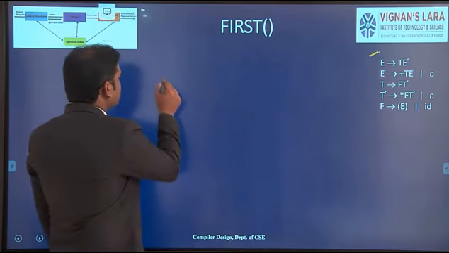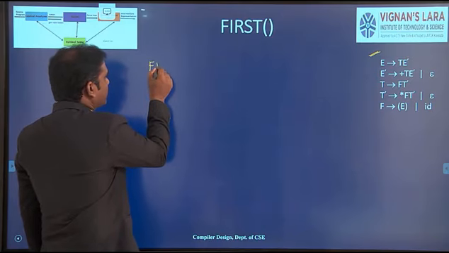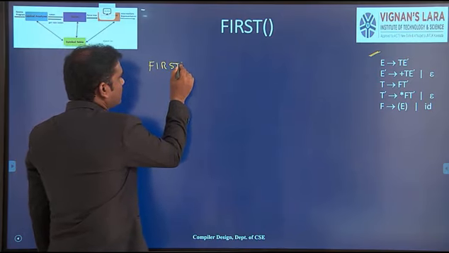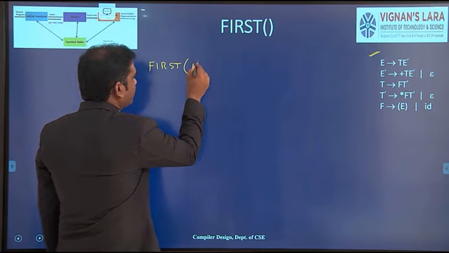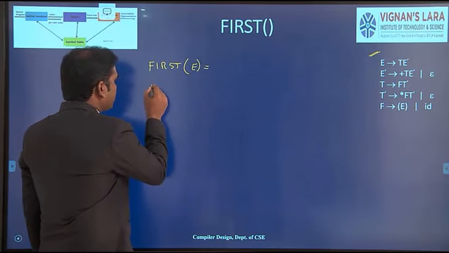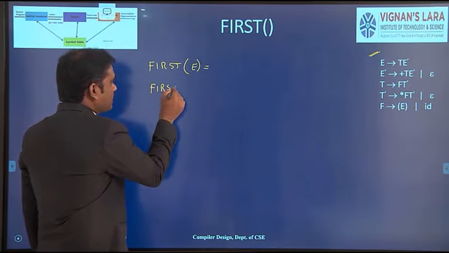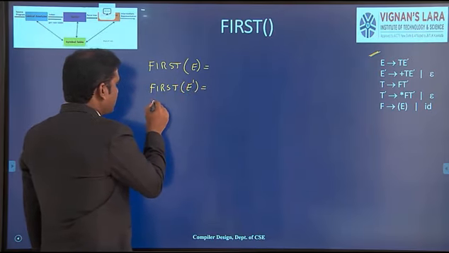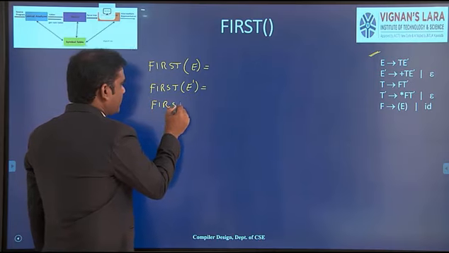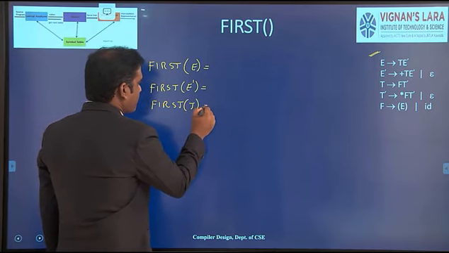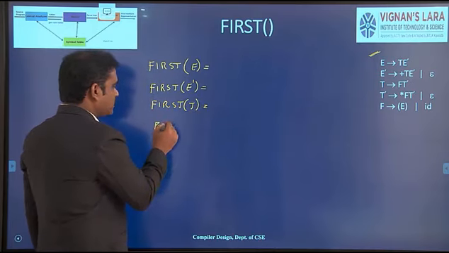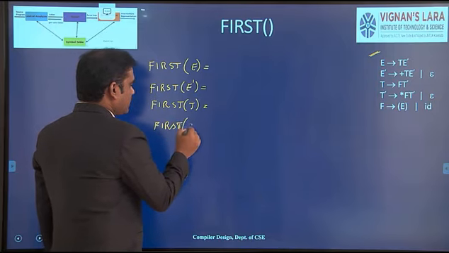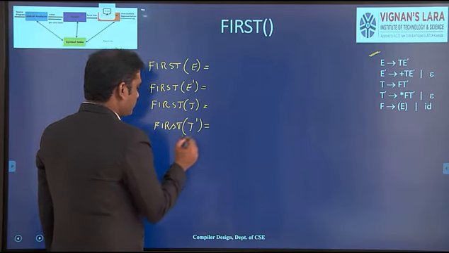So we have to calculate first of E. The second one is first of E dash. Third one is first of T. Fourth one is first of T dash.